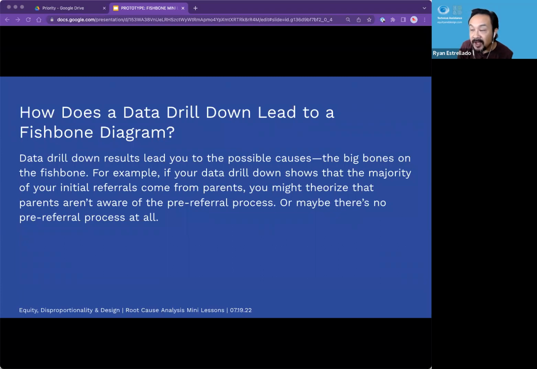informs what you think of as the possible causes for your problem statement. So recall that your possible causes are illustrated by the big bones, right? In the case of our ELD example, that was inconsistent ELD instruction.